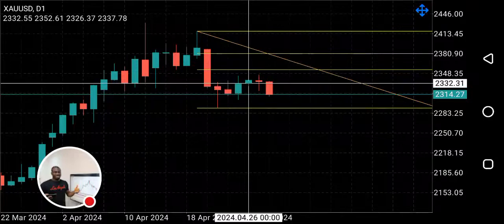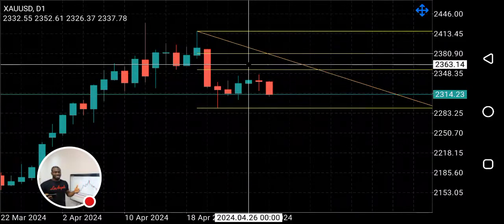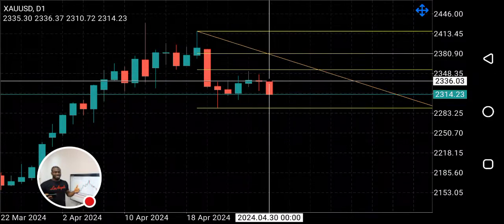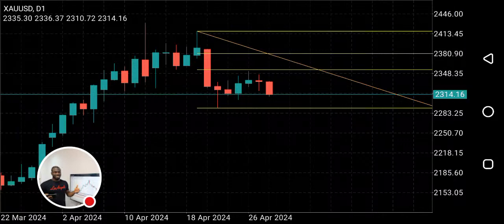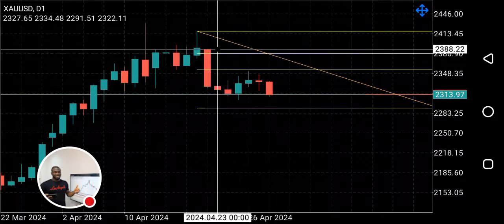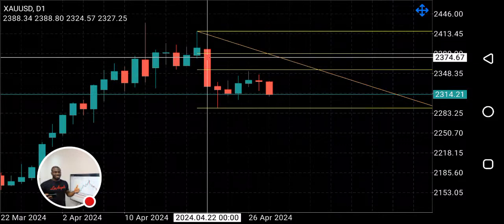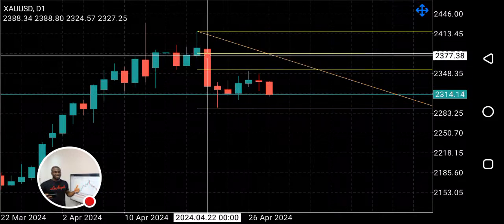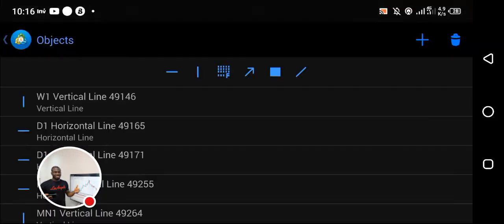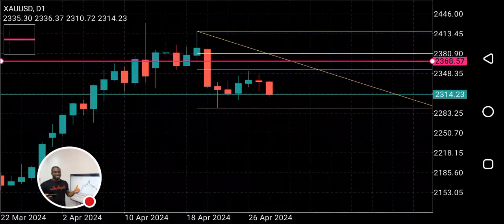This is a shooting star, right? A shooting star formed at that level. After the formation of the shooting star, I was expecting gold to pull back and fill this fair value gap. Can you see? That was my expectation on gold.